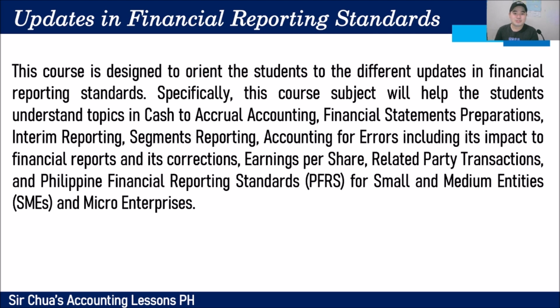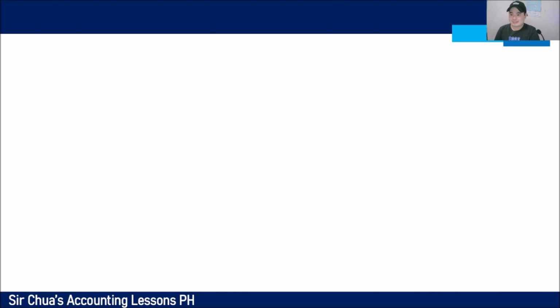And then earnings per share, related party transactions, and the PFRS for small and medium-sized entities and micro enterprises. So basically, that's the coverage of updates in the financial reporting standards. That's per the course syllabus of the Polytechnic University of the Philippines in the course Updates in Financial Reporting Standards.